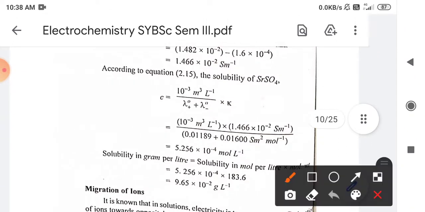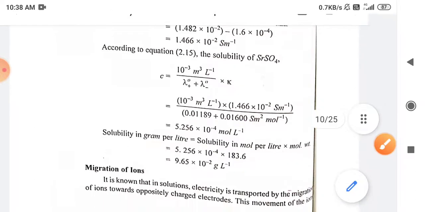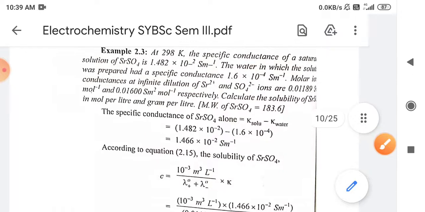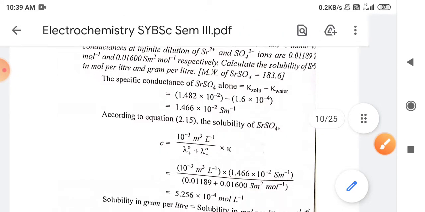Now the molar conductance can be obtained by the addition of the conductivities of the sulfate ion and strontium ion, and upon simplification you will get the concentration as 5.256 into 10 raised to minus 4. This is the solubility, or the concentration.